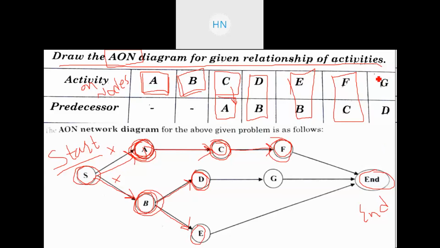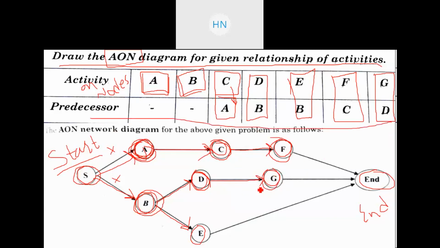Then the last data: activity G has predecessor activity D. So from D we get the arrow coming out, that is activity G on node, right? So this is the end of the data, right?